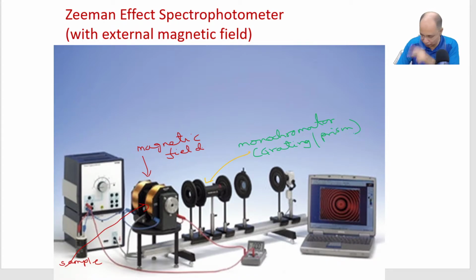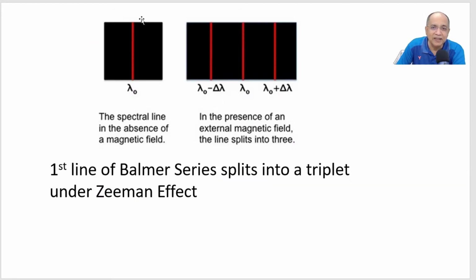So you talk about one line in the orange region, that is the H alpha line, splits into a triplet, 3 equally spaced, equidistant finer lines. Here I have magnified into 3 widely spaced lines, but actually they are spaced very close to each other. These are called fine lines, and we get 3 lines.